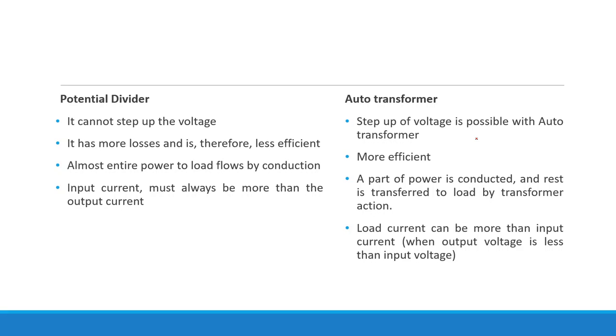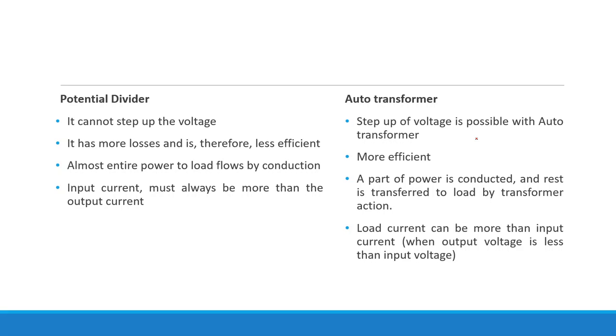But in an auto transformer, later on we will find out that the complete power is not transformed due to transformer action, but part of the power is transferred from primary to secondary using transformer action, and part of the power is transferred through conduction. So both actions will be there.